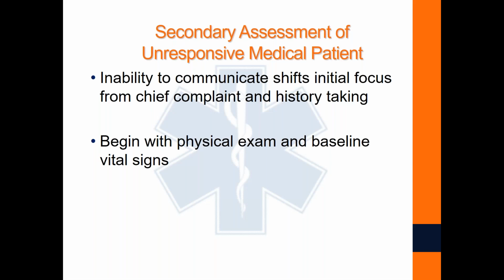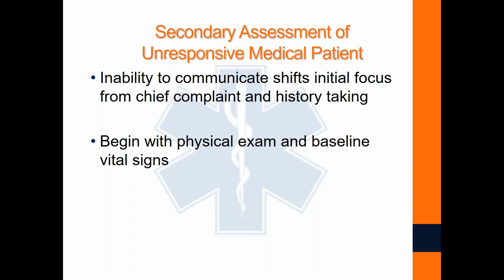So our secondary assessment of an unresponsive patient, sure, we're going to get a chief complaint. When we get dispatched, somebody's going to tell us that, hey, there's something wrong with someone at 123 Main Street, City of Malden. Okay, if my patient's unresponsive and can't tell me anything, chief complaint is my dispatch information. I was dispatched for an unresponsive patient at 123 Main Street.